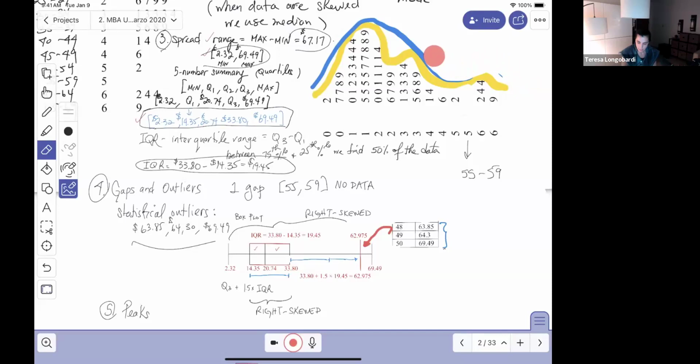So where are the peaks? Tell me the classes where the peaks occur for each mode. There are 3 peaks, right?